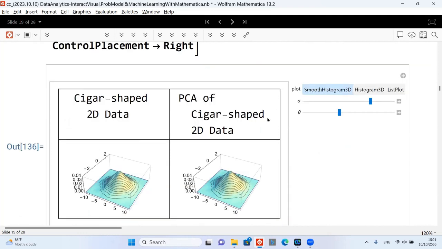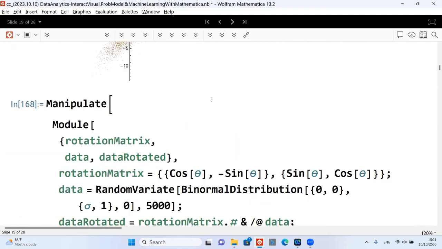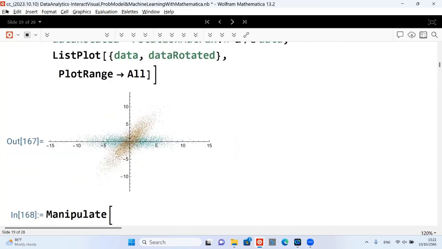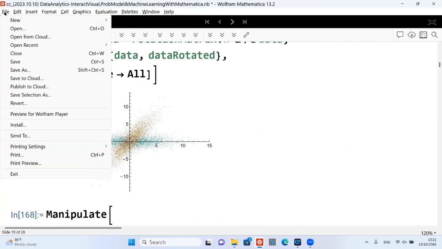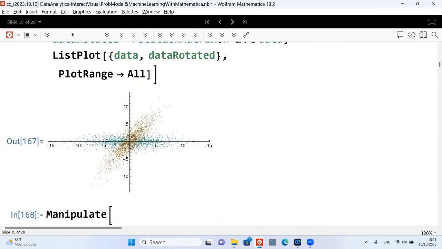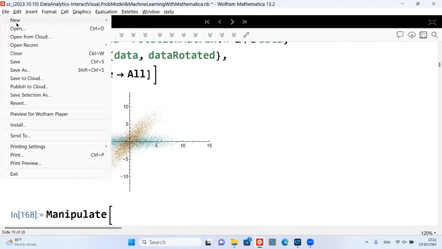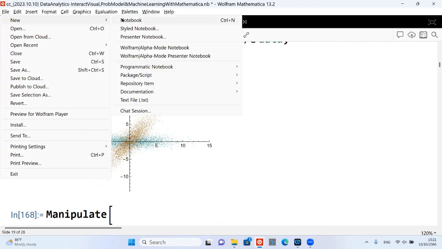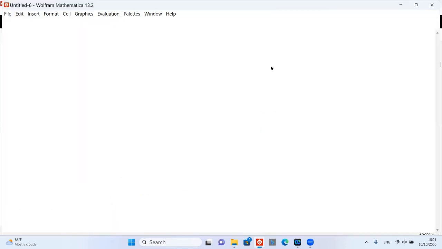Let's try this. Sorry guys, my apology. My PCA is supposed to draw the blue line along the first component and the red line. I don't know what I did with it. I think I haven't copied it because it's in a separate notebook on PCA. But what I can do is show you this.